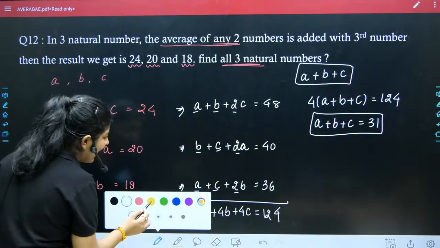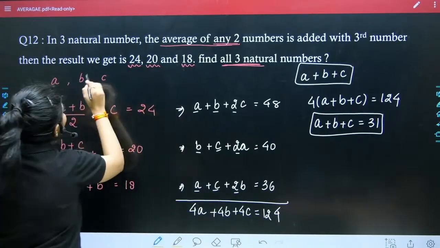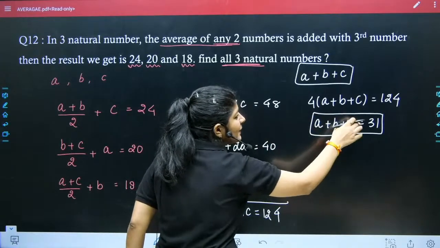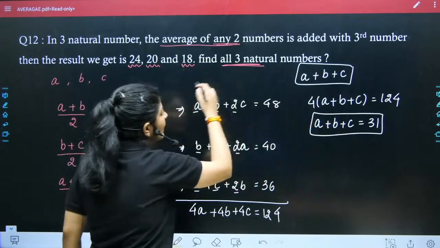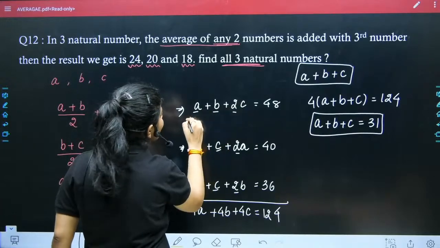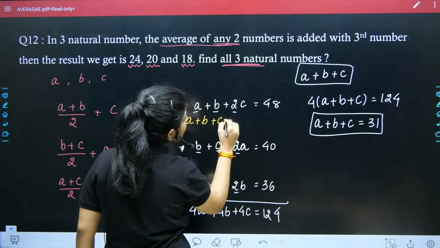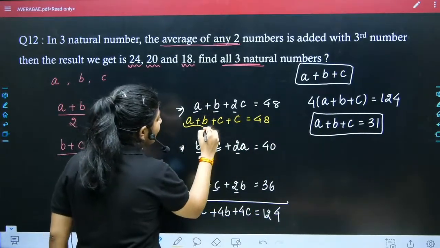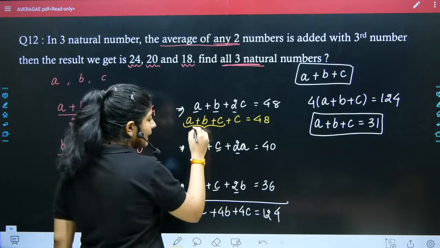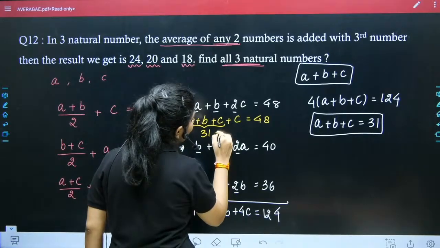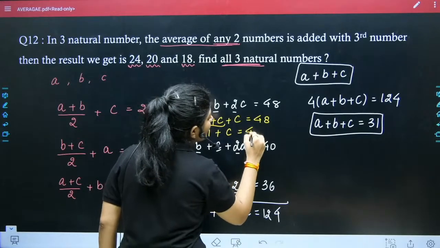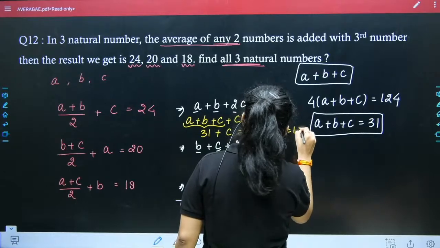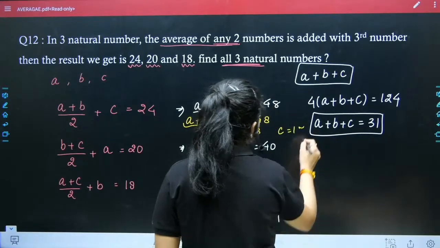Now I have to calculate the values of a, b and c, not a plus b plus c. When you have the value of a plus b plus c, simply put that value in these equations. You can also write this equation as a plus b plus c plus c equals 48, right? So we can put the value of a plus b plus c as 31. We get 31 plus c equals 48. From this we get the value of c as 17.